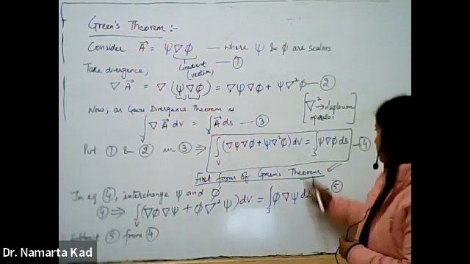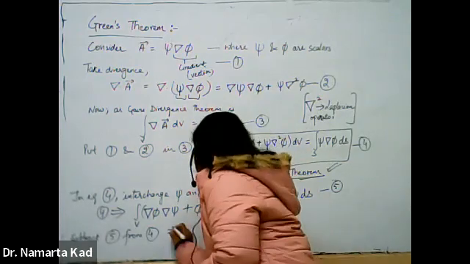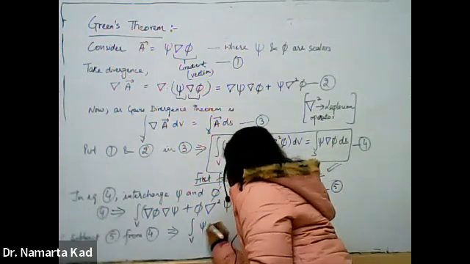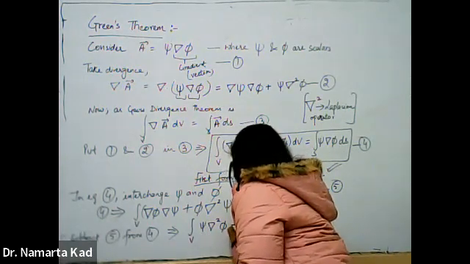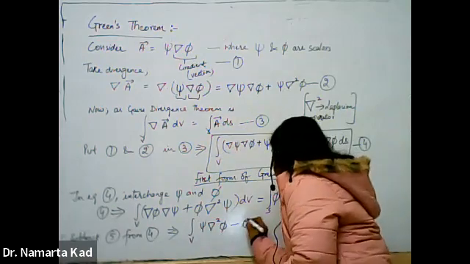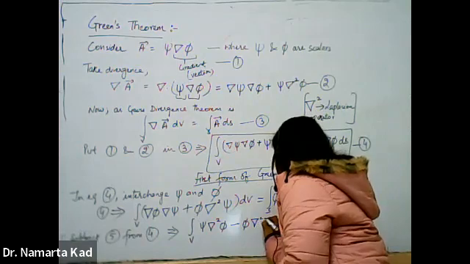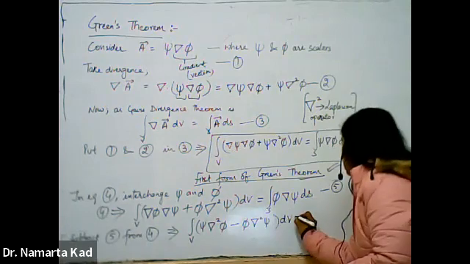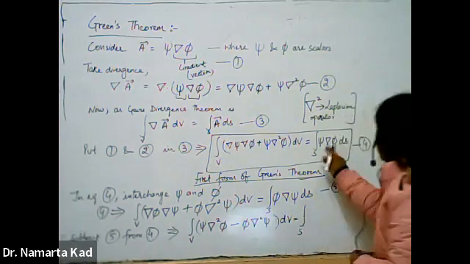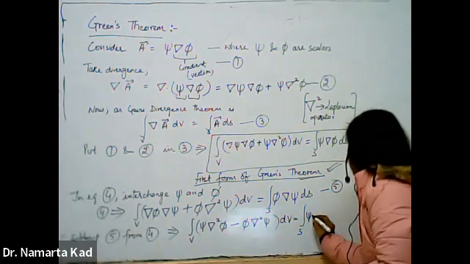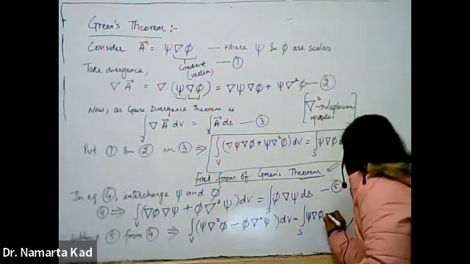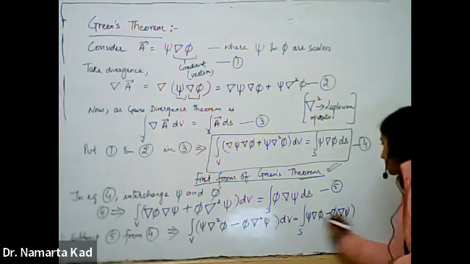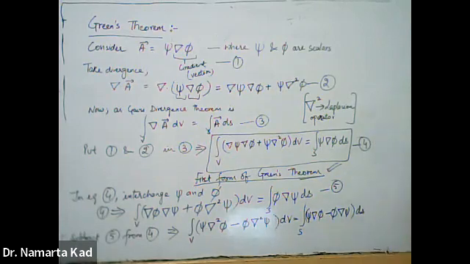So here it comes out to be the volume integral of psi del square phi minus phi del square psi dV, equal to the surface integral of psi del phi minus phi del psi dS.